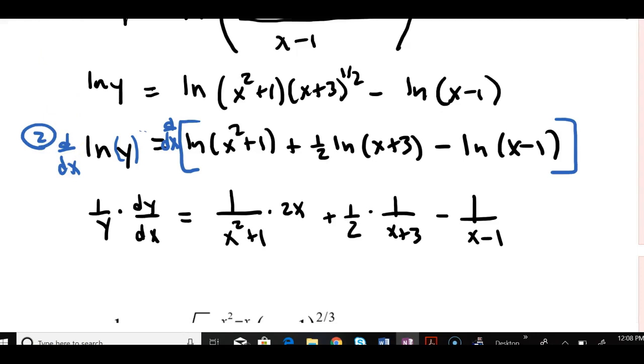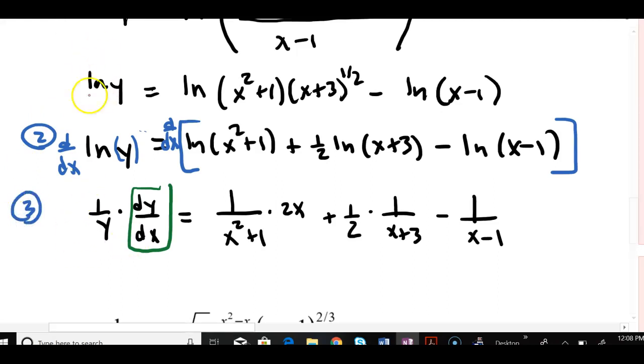Now, step 3, we need to solve for y prime, but y prime is just dy/dx, right? To get this by itself, I need to get rid of this. So we just multiply both sides by y. For that third step, we need to get dy/dx by itself.